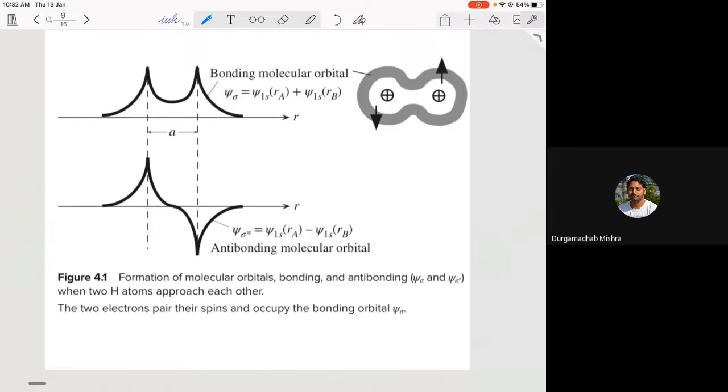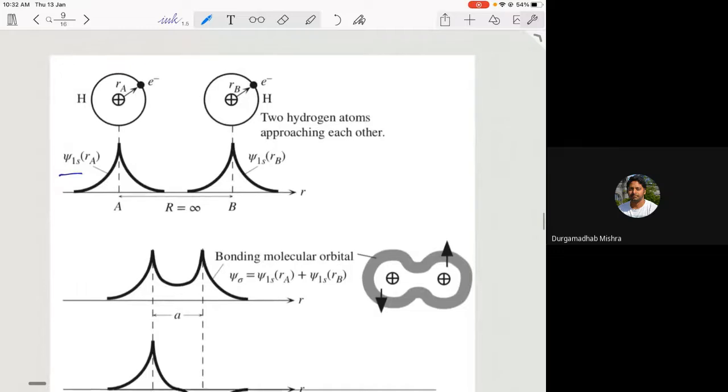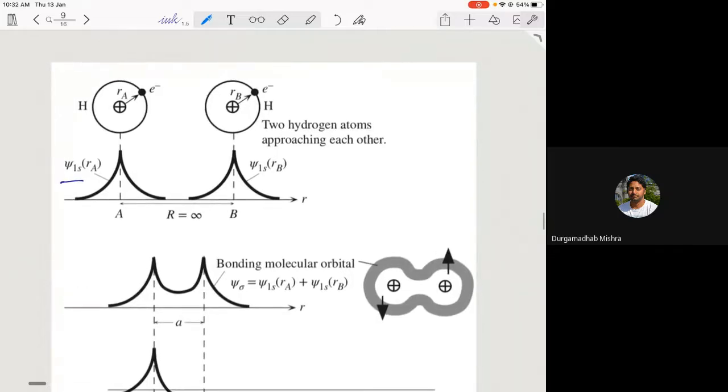So what you have is two atomic orbitals, that means an electron and a proton in both the atoms. However, when you bring them closer, you have an overlap of these electron orbitals.